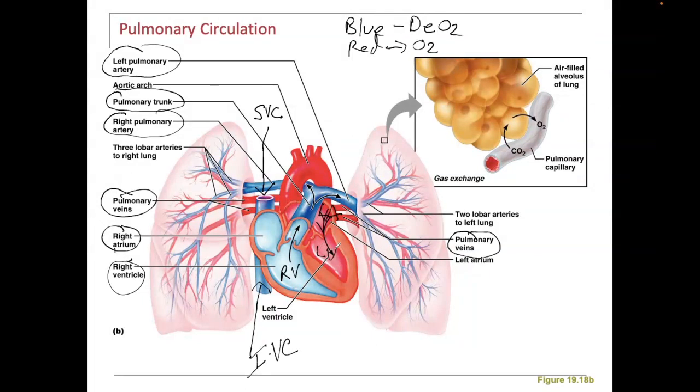Then they go into the left ventricle, up into the aorta. This right here is the aorta, right there. Aorta, or the arch of the aorta. And the arch of the aorta has these branches. We'll call them number 1, number 2, and number 3. We'll go through those shortly.